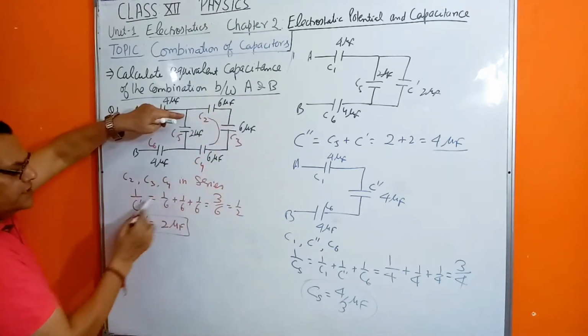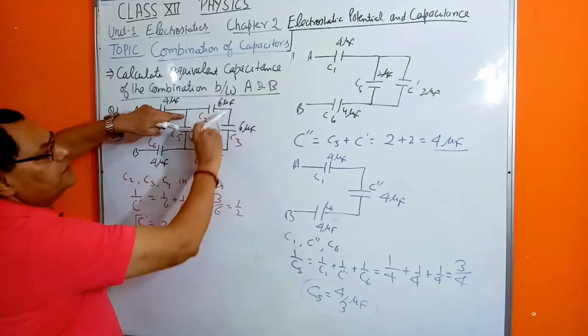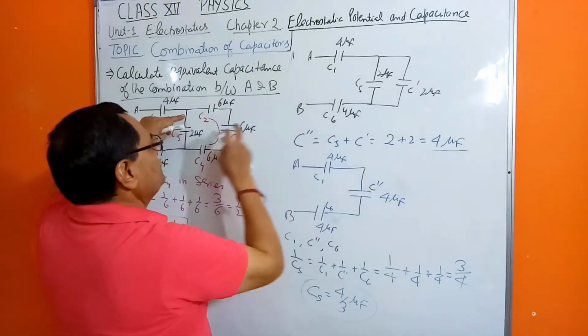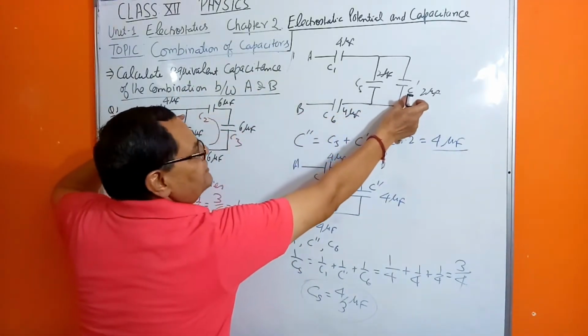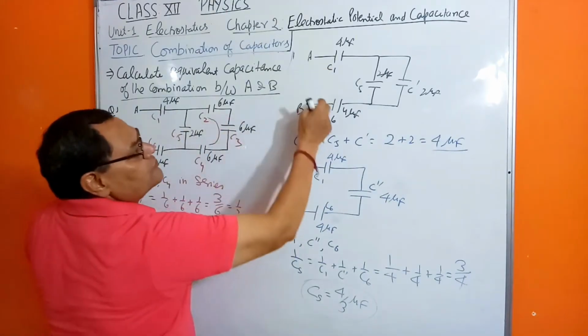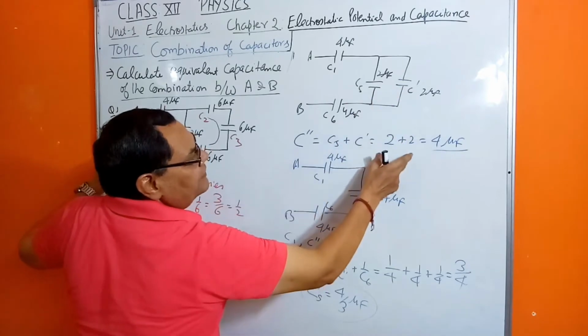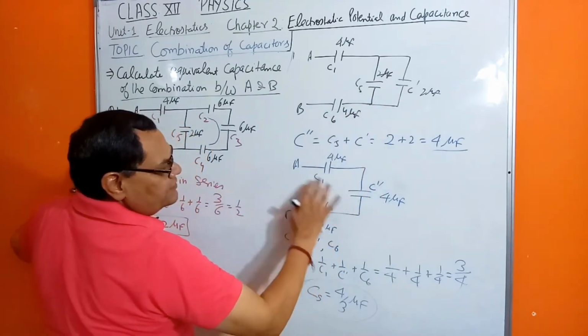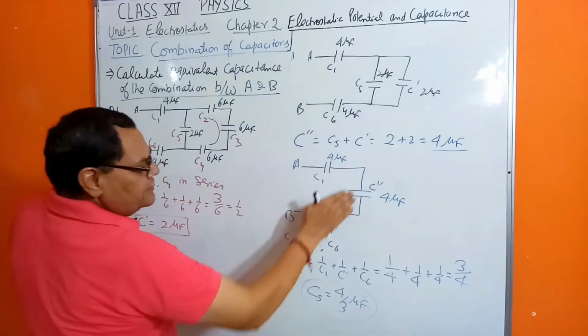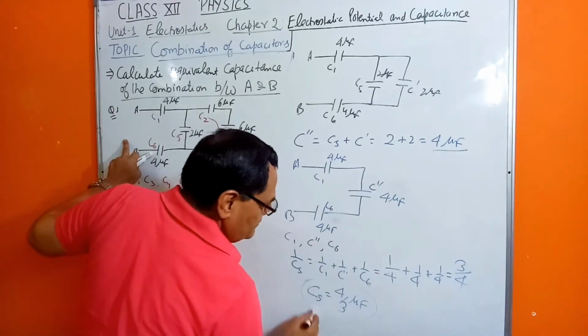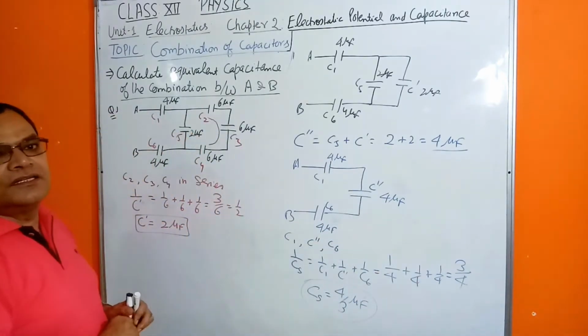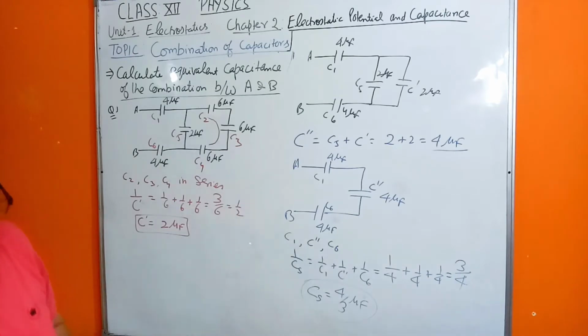So we found their resultant and redraw the circuit. In place of the three, we draw the resultant one. C5 was there and these two. And we see these two were in parallel, so directly add them and redraw this. It is in continuation, that is in series. So the final result is this. Clear? Alright, so let's proceed further.